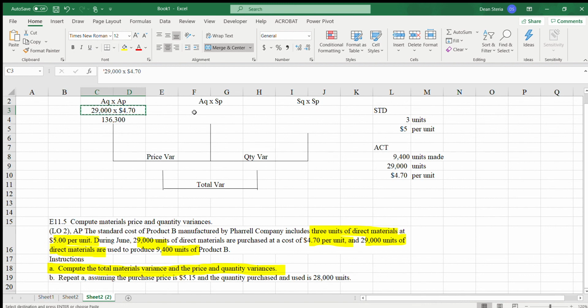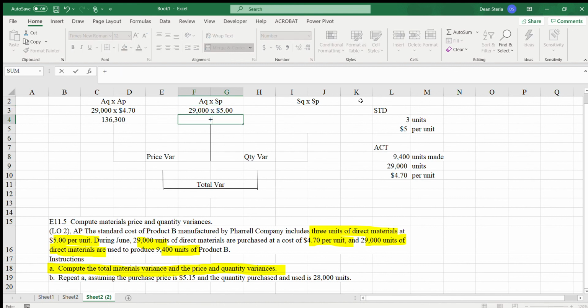Now my actual quantity, you'll notice, is going to be the same thing, so I can just bring this over here. So I've got my actual quantity. Now here I have to just plug in my standard price, which was $5 per unit. So then 29,000 times 5 gives me $145,000. So you can see right here, because we paid $4.70 per unit here and 5 here, we know it's going to be a favorable variance, right?